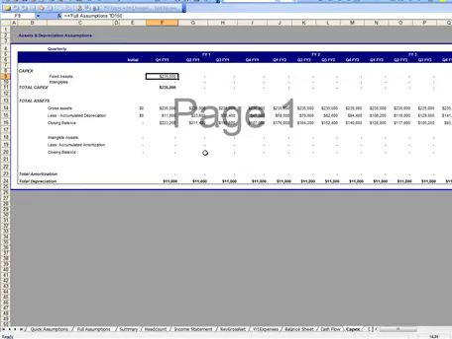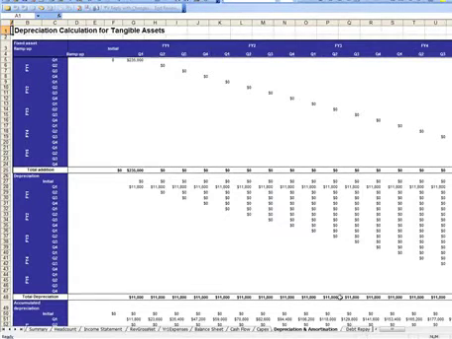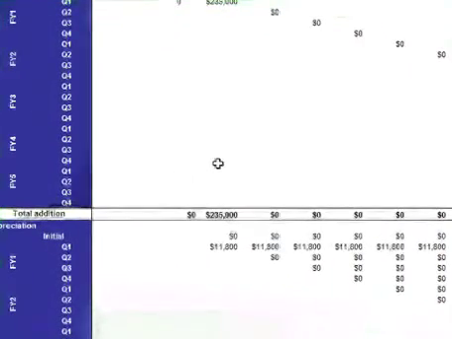Here we have your capital expenditures. Once again, that $235,000. We show your depreciation, how it's depreciating over time. This is a full depreciation schedule to show how your asset loses value, because basically depreciation is the value of your asset decreasing over time.